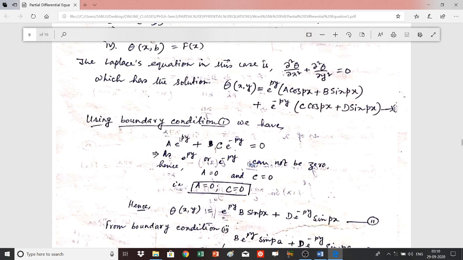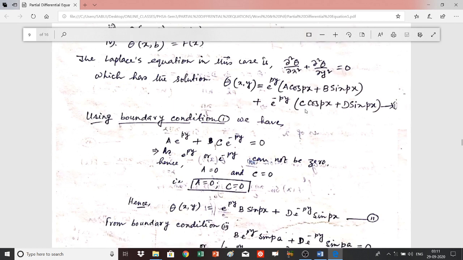Then e to the power 1 is 2.73, and e to the minus 1 is 1 by e, that is 1 by 2.70, which is different from the previous one. So e to the py and e to the minus py cannot both be 0 for the same value of py. So you can write a equal to 0 and c equal to 0.